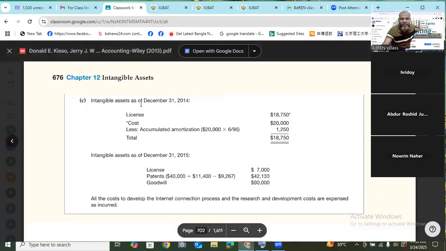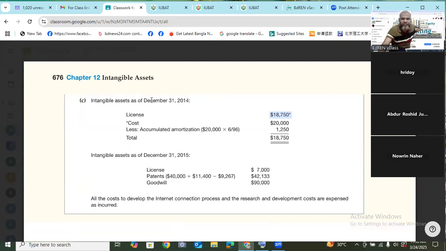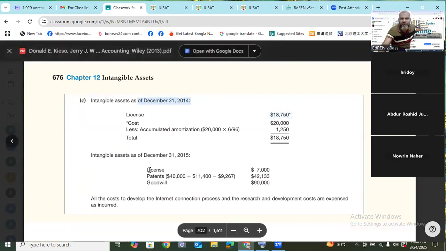Intangible asset, license, total. License 7,000, patents 42,100, and goodwill 90,000.